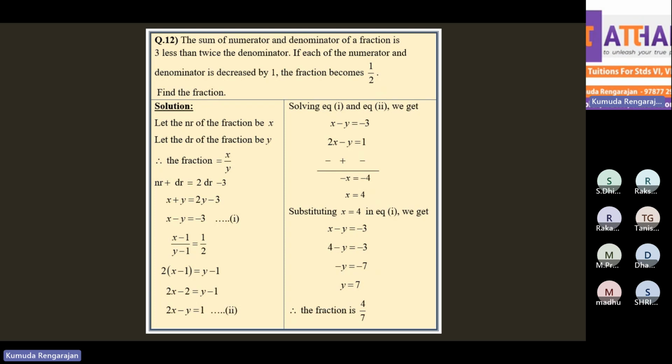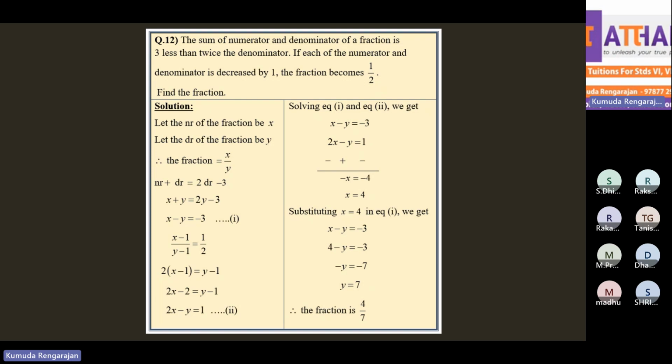You first construct the equation in words like this, then convert that to a mathematical equation. Three less than means something will come first, so 3 less than what? Twice the denominator. Now substitute: x plus y is equal to 2y minus 3.